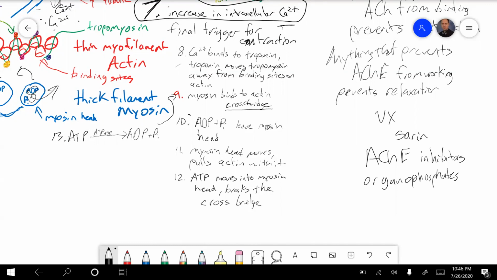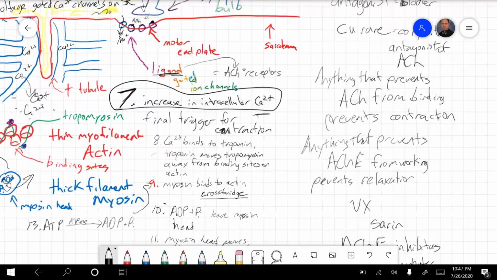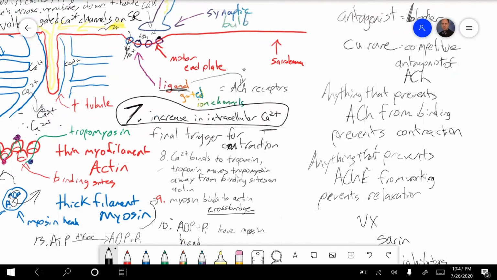But eventually, you'll have a patient that comes in because they were standing underneath the airplane when it flew over and they sprayed them. And they'll come in with muscle spasms because it's blocking acetylcholinesterase, difficulty breathing, muscle spasms, and you have to treat that. So, acetylcholinesterase causes the muscle to relax.